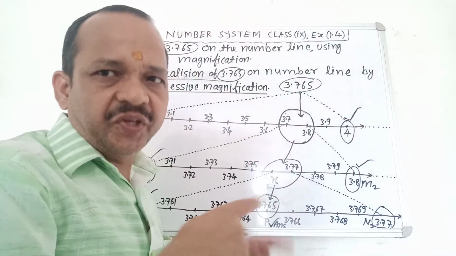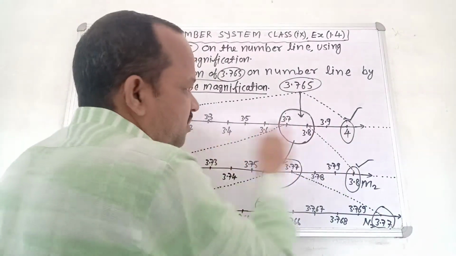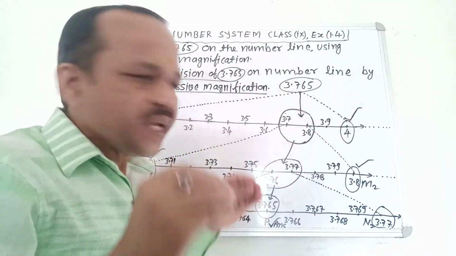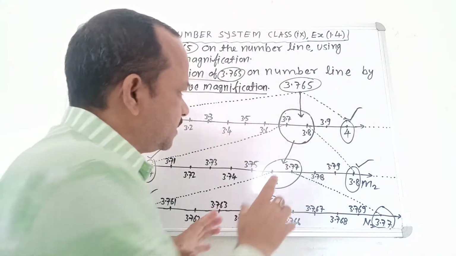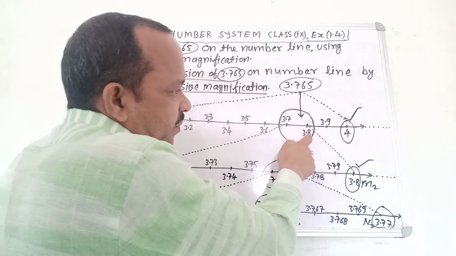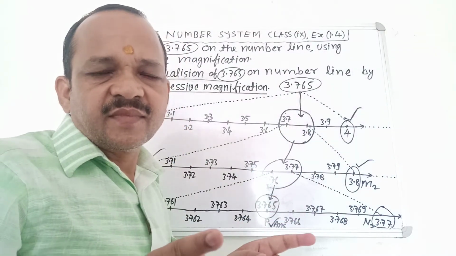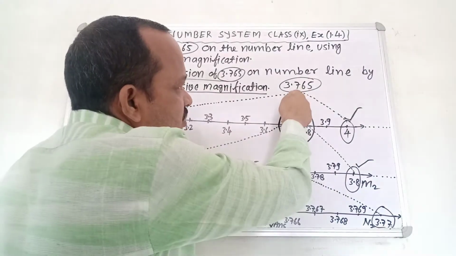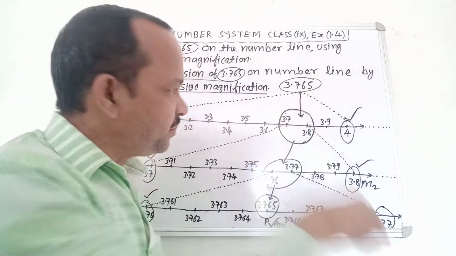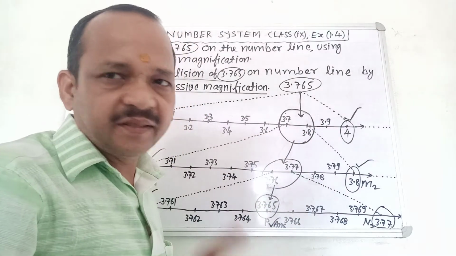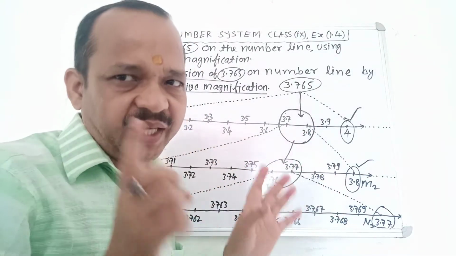It means you find 3.7 and 3.8 on the number line. It means 3.765 lies between 3.7 and 3.8. No confusion? Very good.